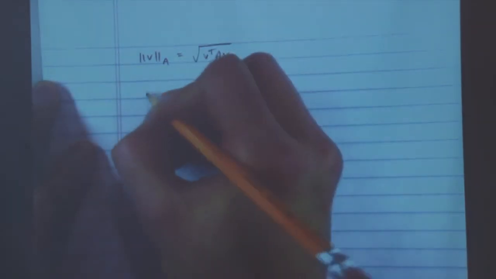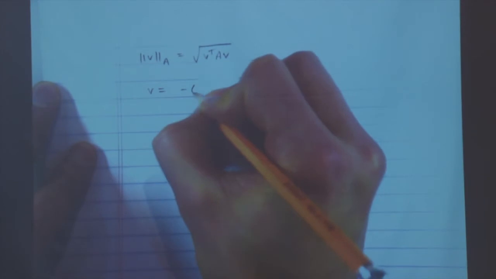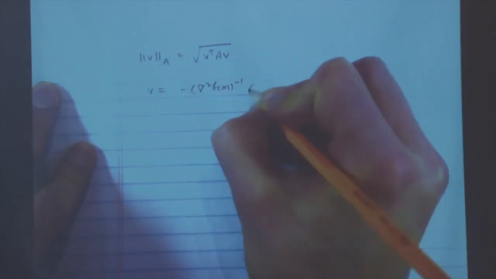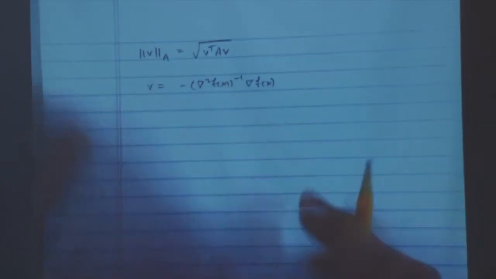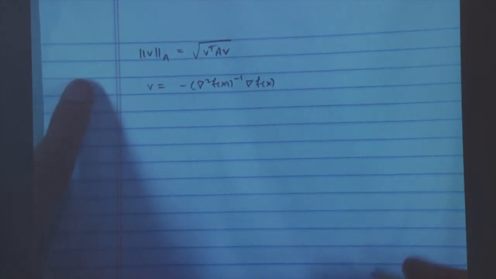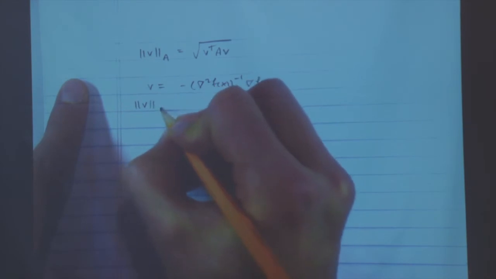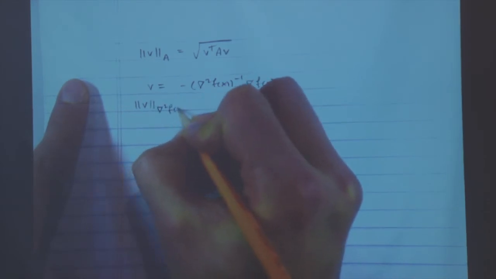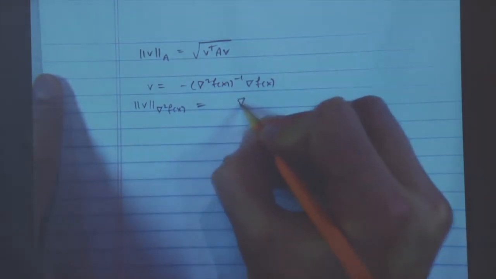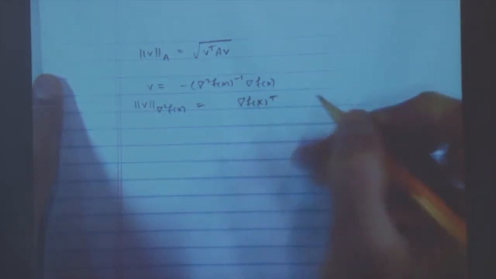And if we were to think about the Newton update direction, which is this one, and we were to look at its norm with respect to a particular quadratic form A, which is just going to be the Hessian itself, then this is going to be the gradient of f of x transpose.